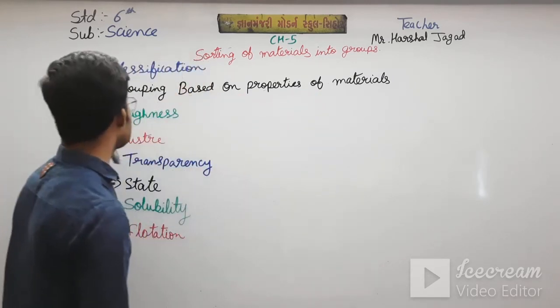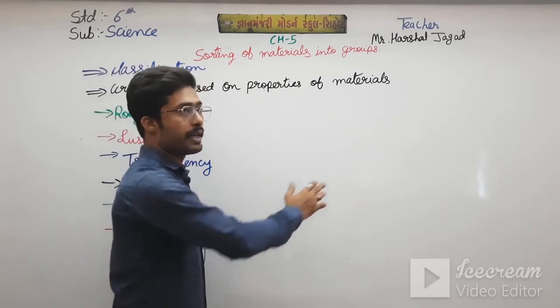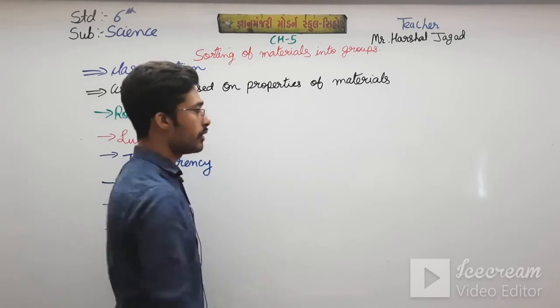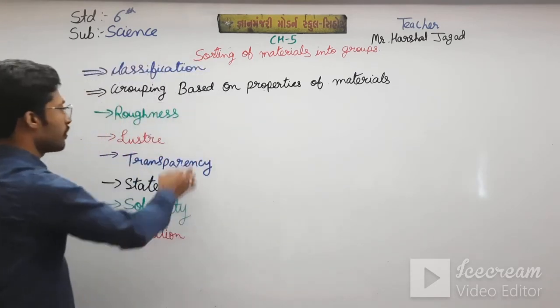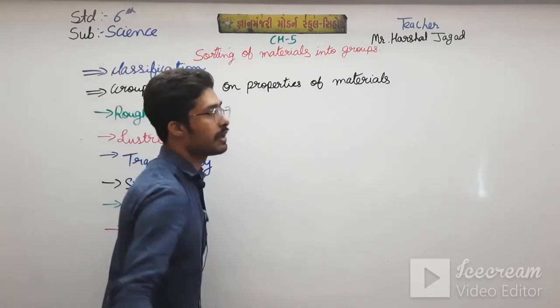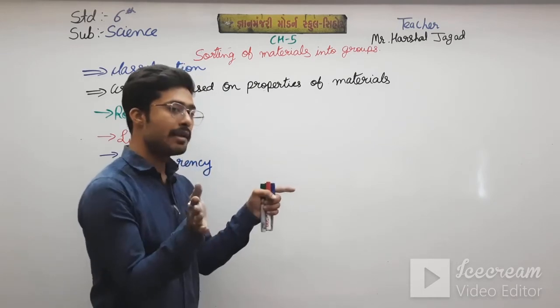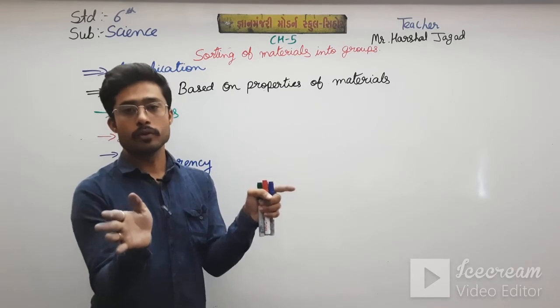In that, first of all, we have roughness. If you touch a tree then it is rough. If you just touch a mirror then it is smooth. So that is categorized or classified into roughness and smoothness.